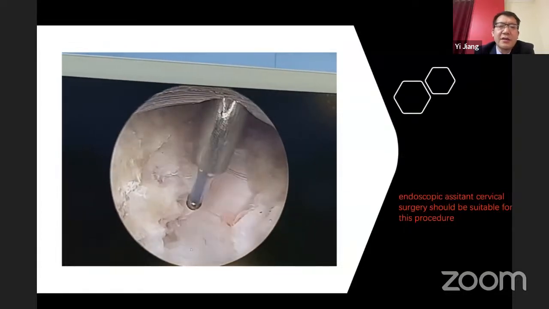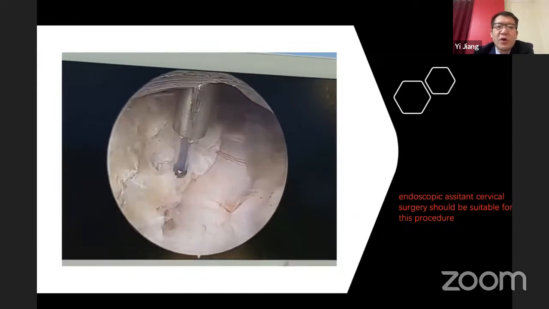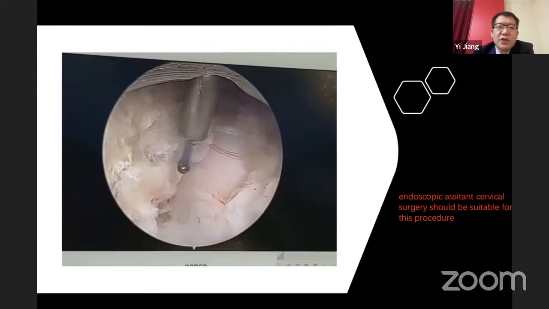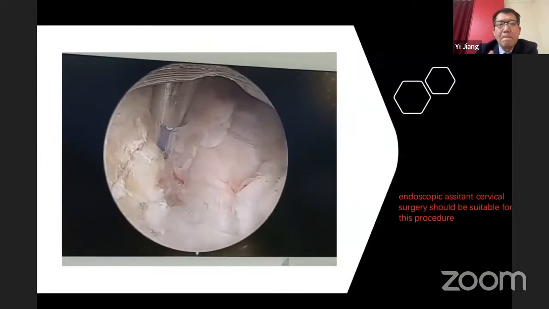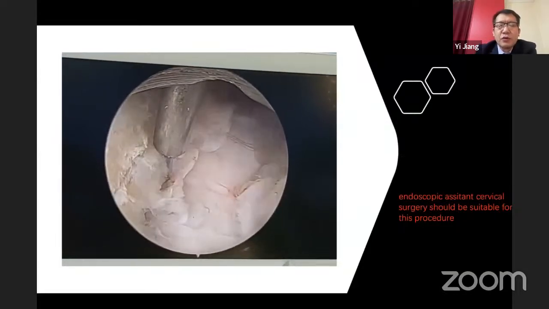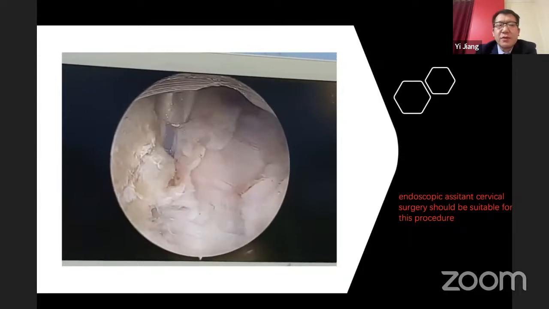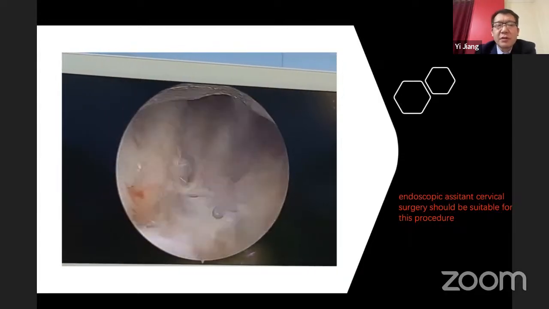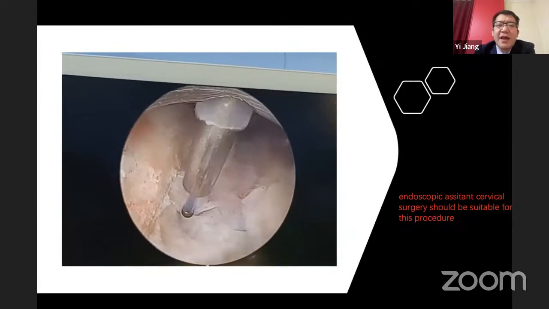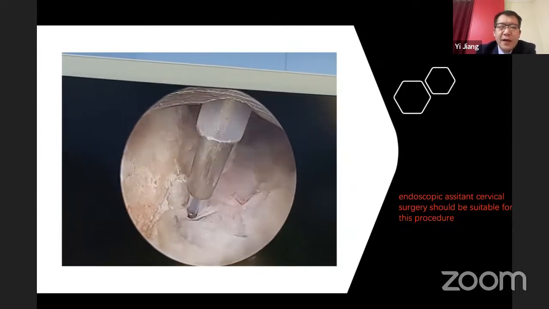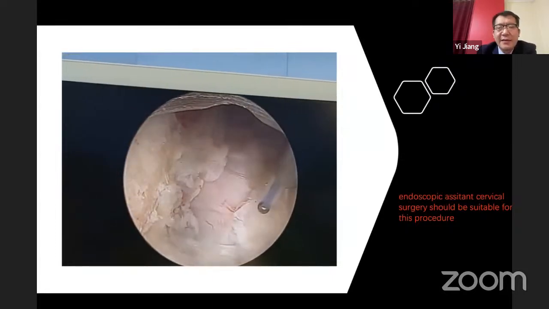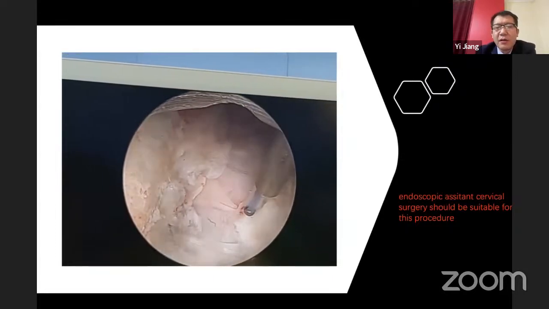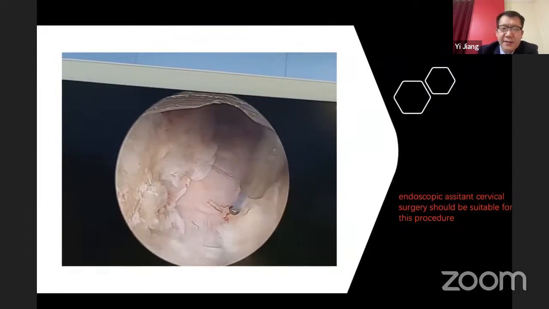I use the traditional open way to expose the disc first, and then I transfer to the endoscopic procedure. I think it's easier and it helps us.